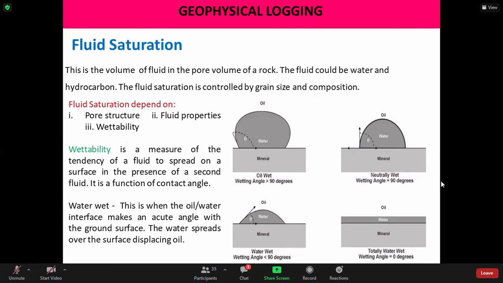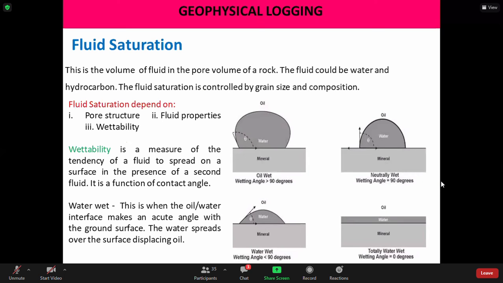Then fluid saturation. Like I said, when you talk about a fluid, it could be oil, gas, or water. And there are certain factors that can affect the fluid saturation: the pore structure, the fluid properties, and the wettability. So it could be asked, what is wettability?